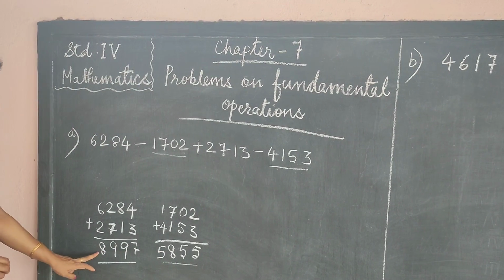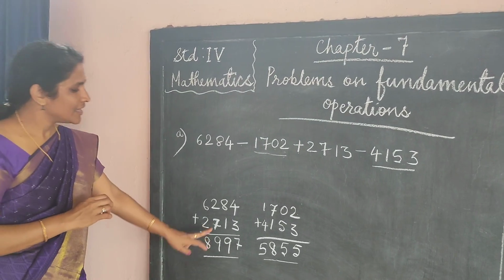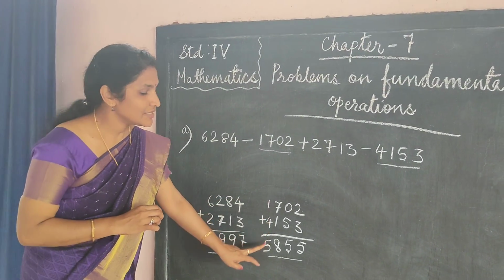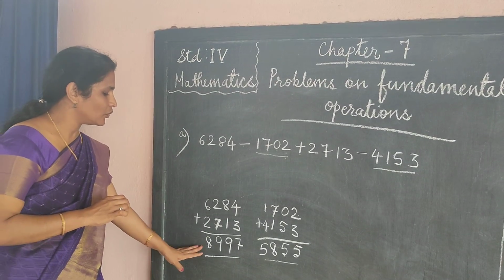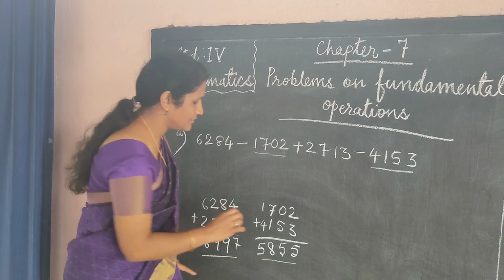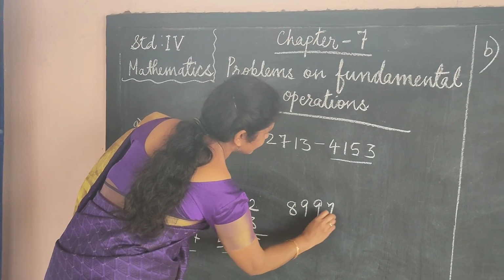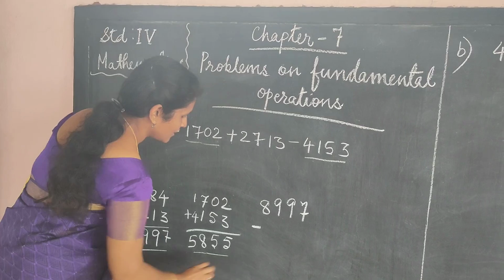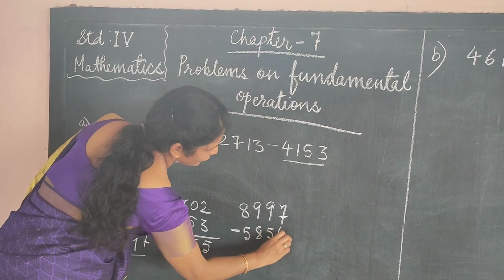We got two sums. One is the sum of plus sign ones and second one is the sum of minus sign ones. Now from this answer we are going to minus this answer. That is the third step, 8997 minus 5855.